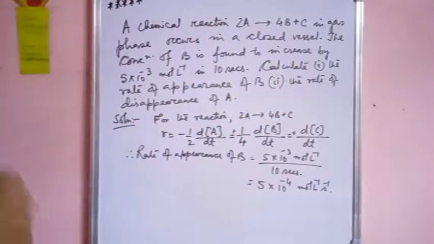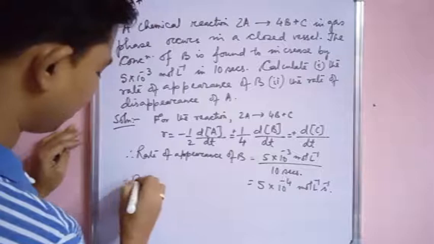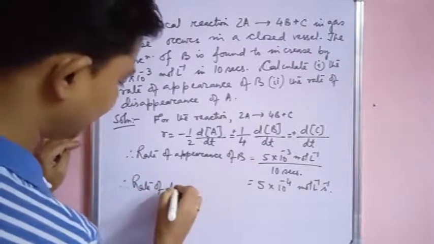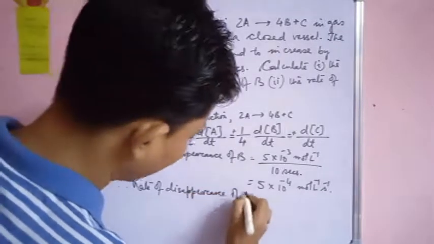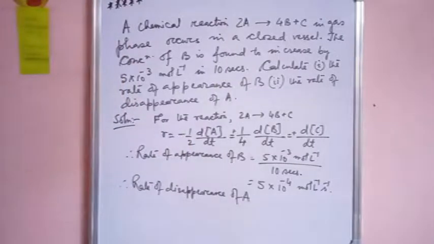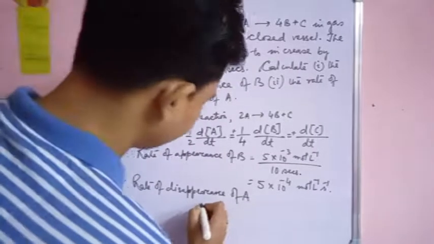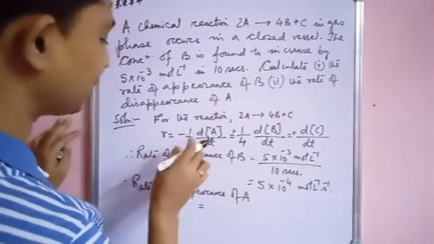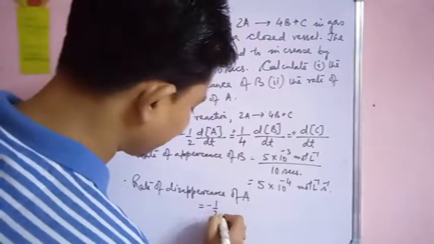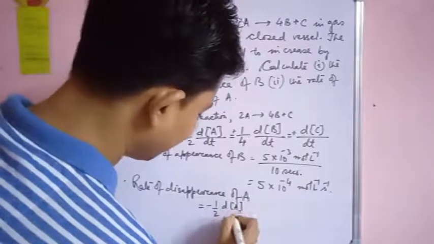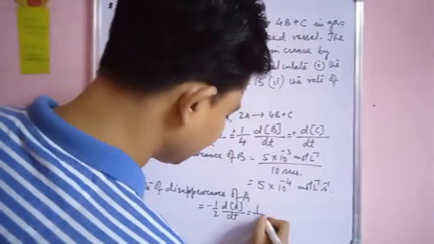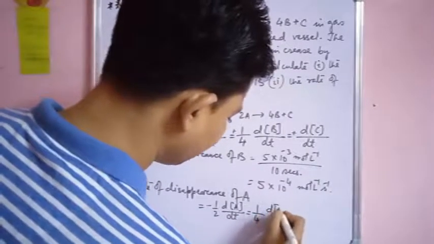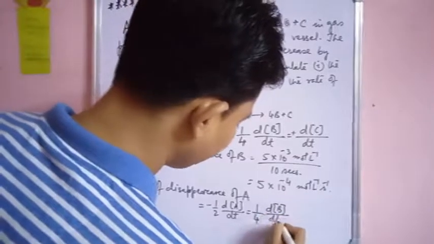Now we will find the rate of disappearance of A. We know this equation, so minus half dA by dt is equal to 1 by 4 dB by dt.